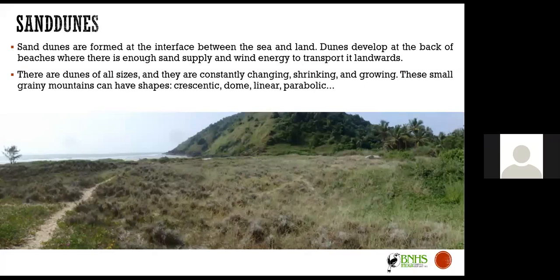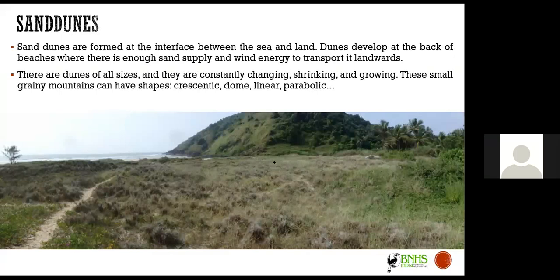There are dunes of all sizes, all different kinds of dunes you can see. The formation of these dunes also depends on the seasons, and on the kind of wave action or wind energy present at that particular time and season.